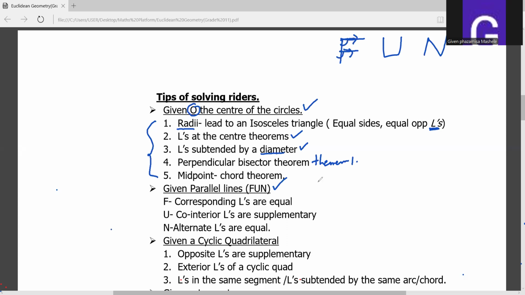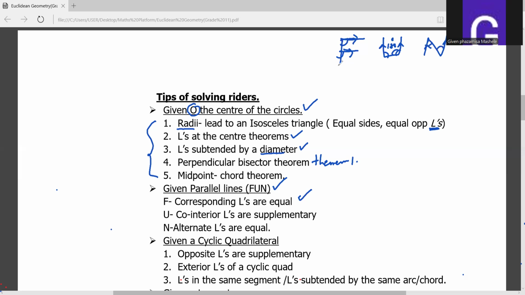So these are corresponding angles. Then the co-interior angles: if 2 lines are parallel in a U-shaped form, then this angle and that angle are not equal, but they add up to 180. Then we also have alternate angles: when you have an N shape or a Z shape, as long as the lines are parallel, then the alternate angles are equal.